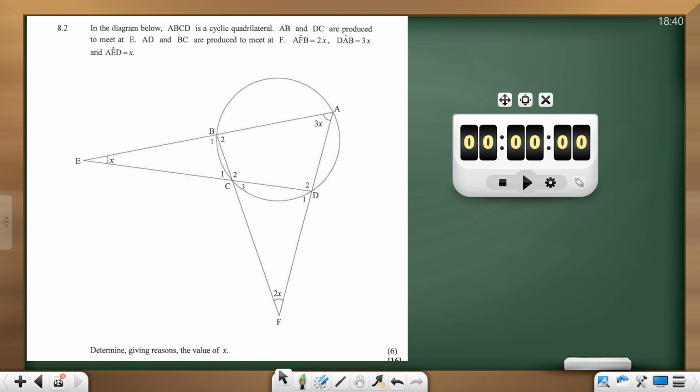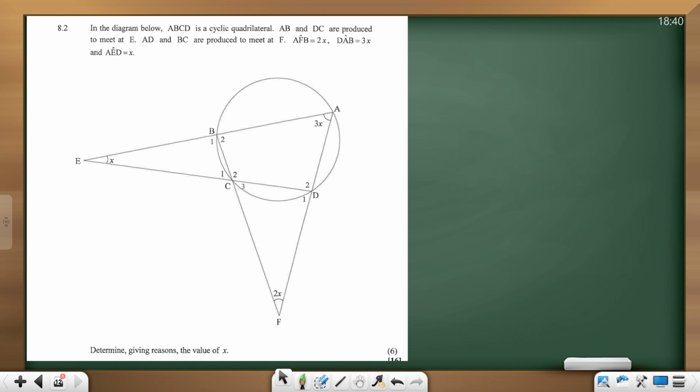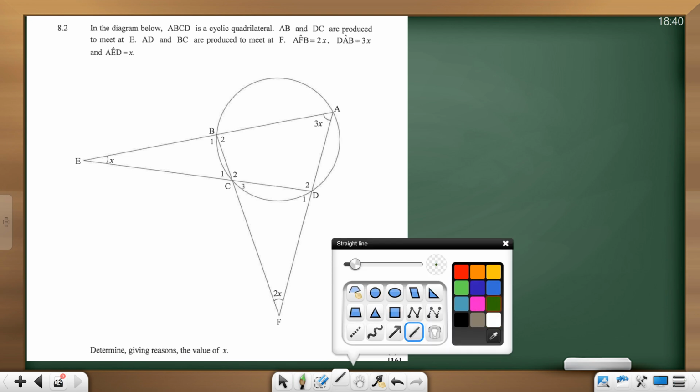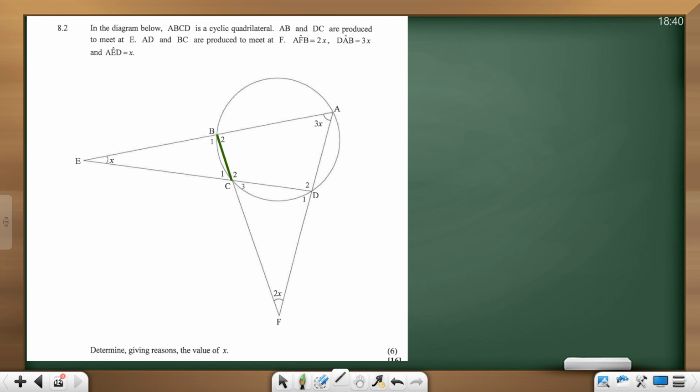Let's read first before somebody gives me an idea. In the diagram below, ABCD is a cyclic quadrilateral. Highlight your cyclic quadrilateral. Please, when I give you a question, learn to draw it out in your book and highlight. Already by doing this, there are things that I have seen.